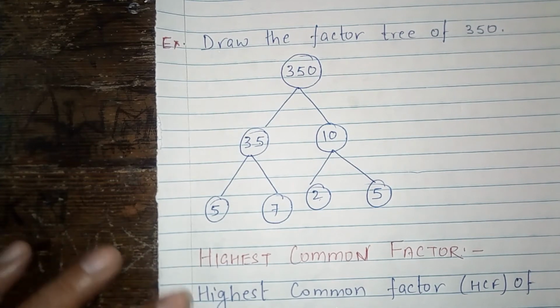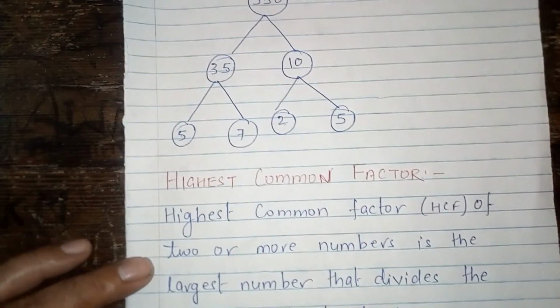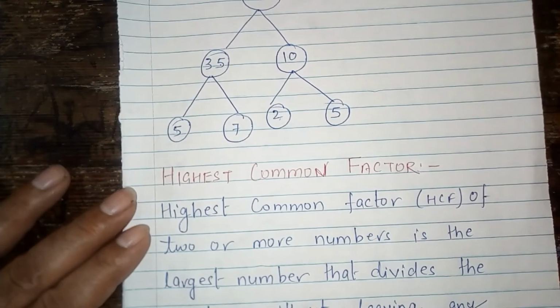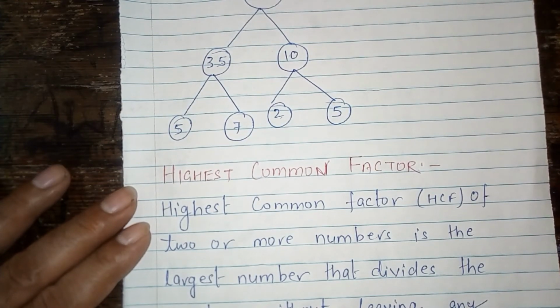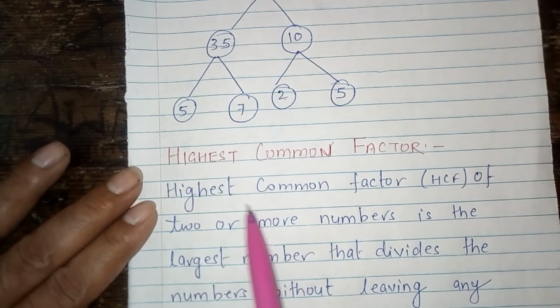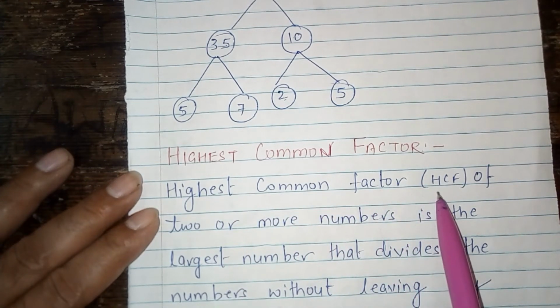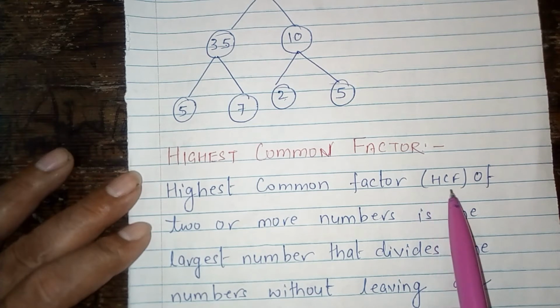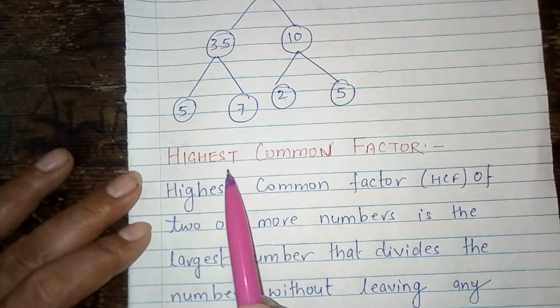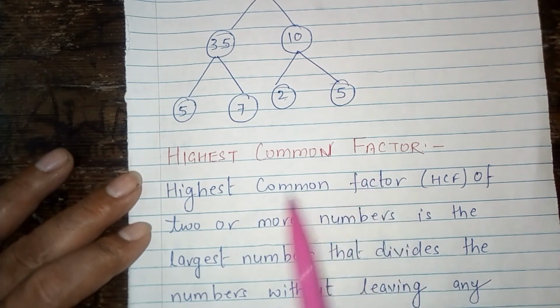My dear students, your next topic is highest common factor. As you know very well, from the name highest common factor, it is very clear to you. Now look here, HCF. HCF is the short form of highest common factor.